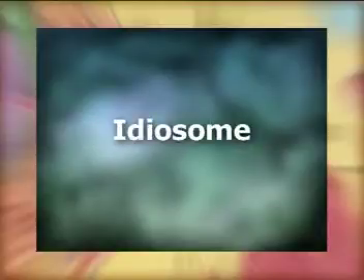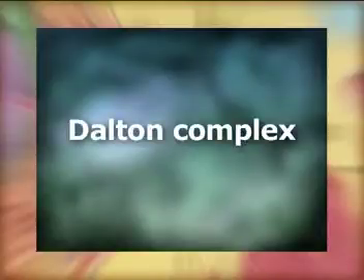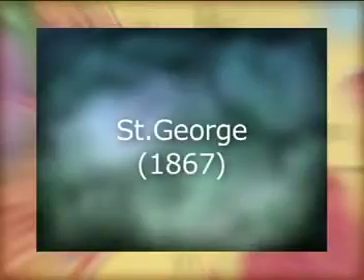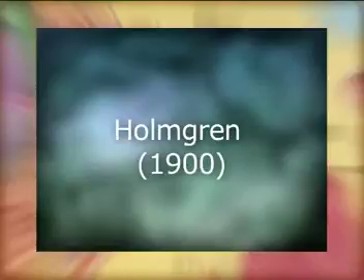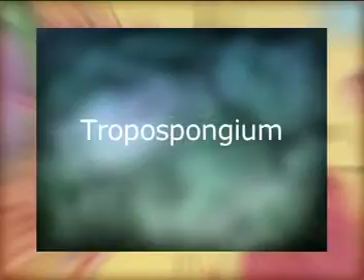The Golgi complex, also called lipochondria or idiosome or Dalton complex or Golgi body or Golgi apparatus, was first observed by St. George in 1867. Holmgren in 1900 described a system of clear canals and named it tropospongium.